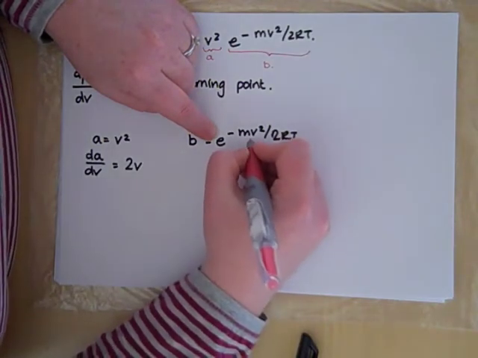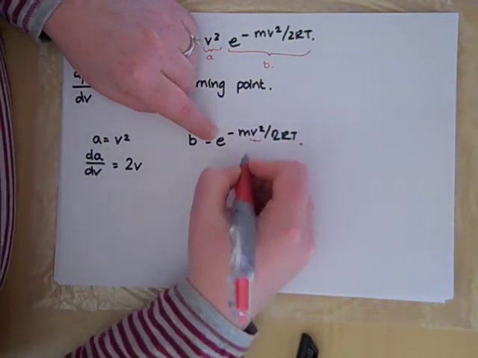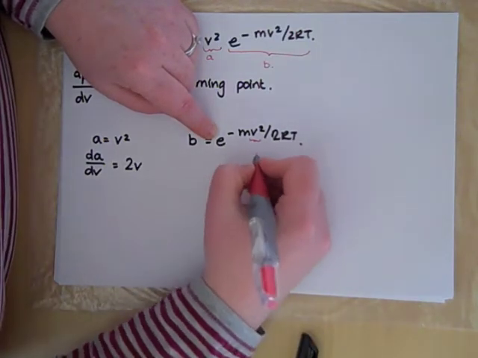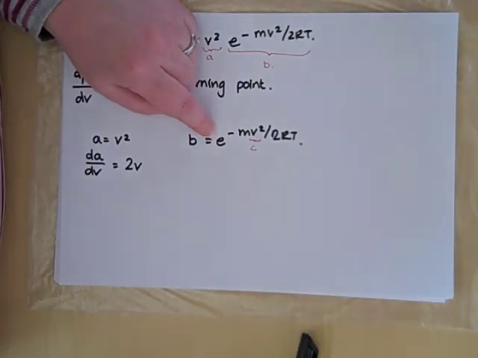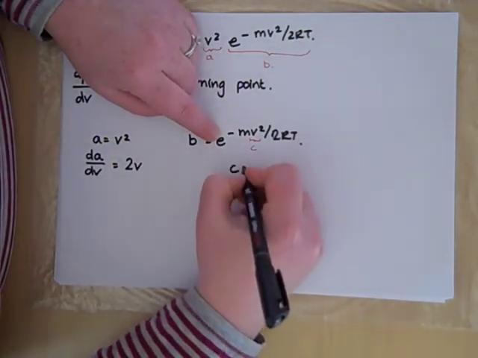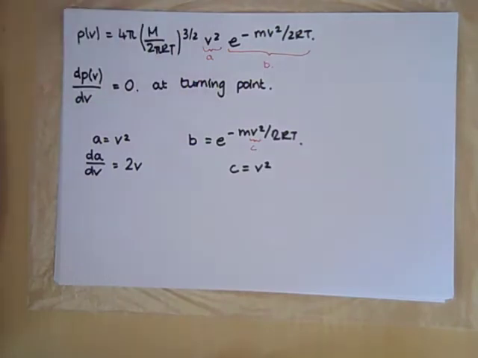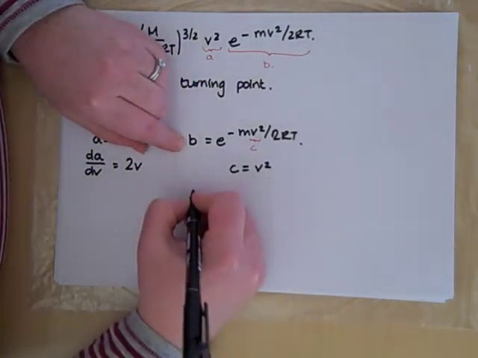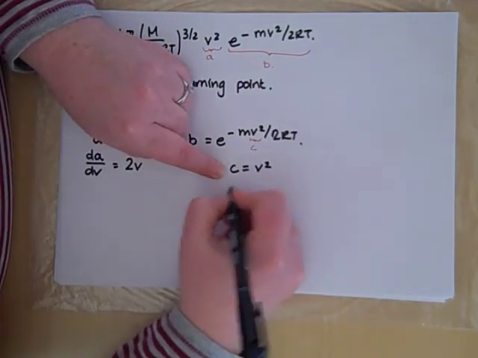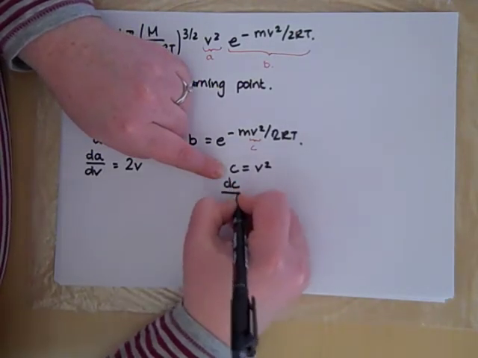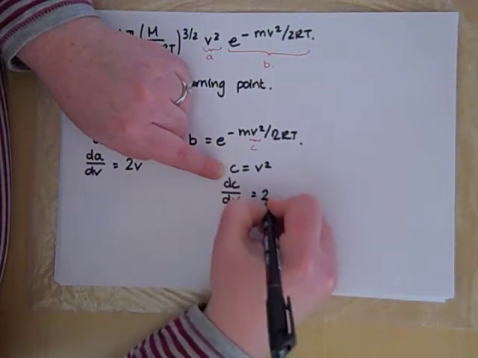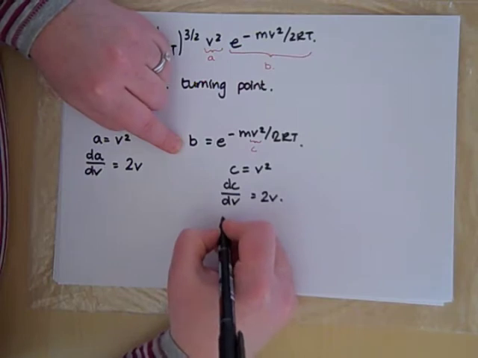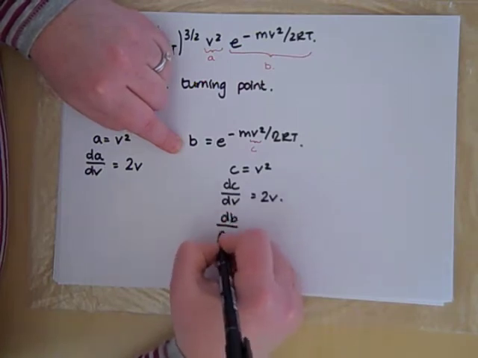So I'm going to call this v squared a new variable, C. So v squared is equal to C, and dC by dv is equal to 2v.